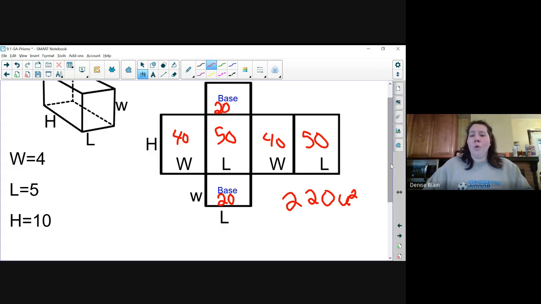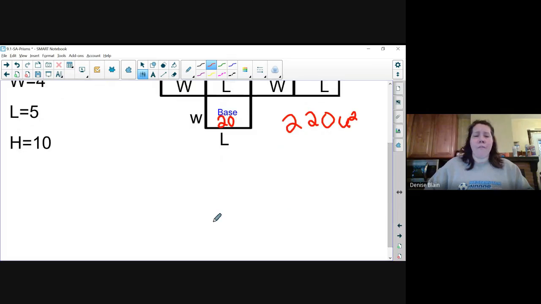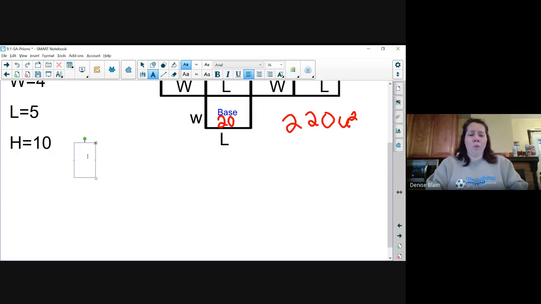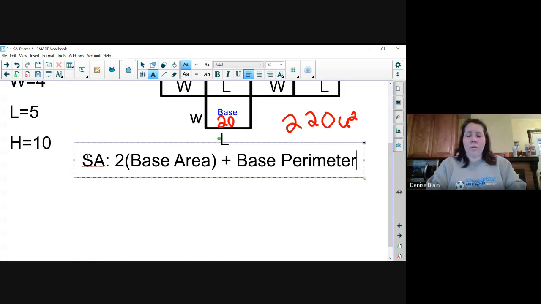Okay, so let's go with the formula that I was talking about. So the surface area formula for any prism is 2 times your base area, do parentheses for this, show multiplication, plus, well, perimeter, base perimeter, times prism height.